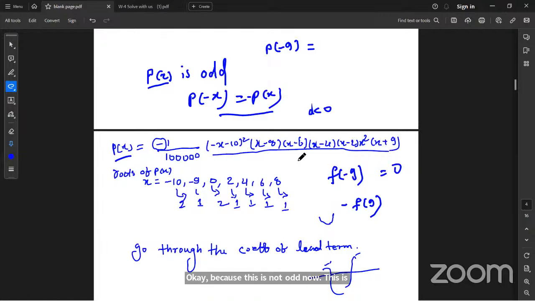This is the example that you are doing. This is not an odd function. No, sir, I'm saying because x has odd degree, if we put a negative number inside it, it will give a negative output.